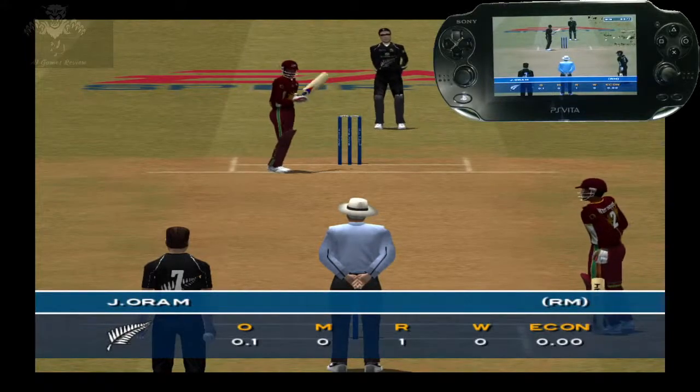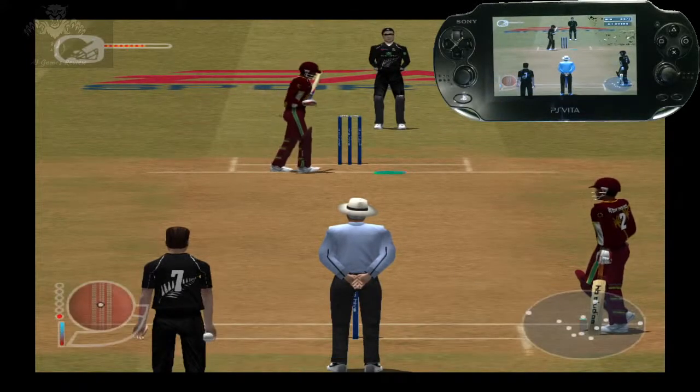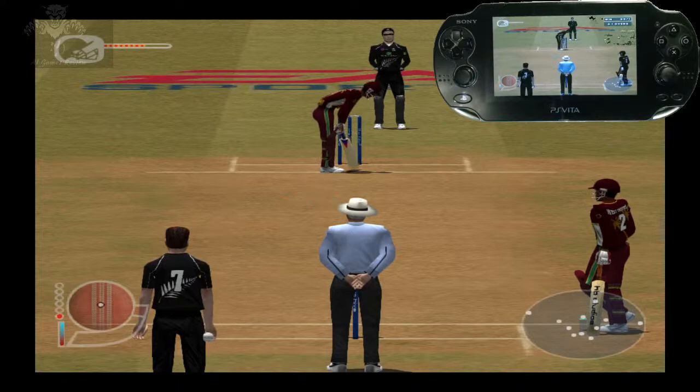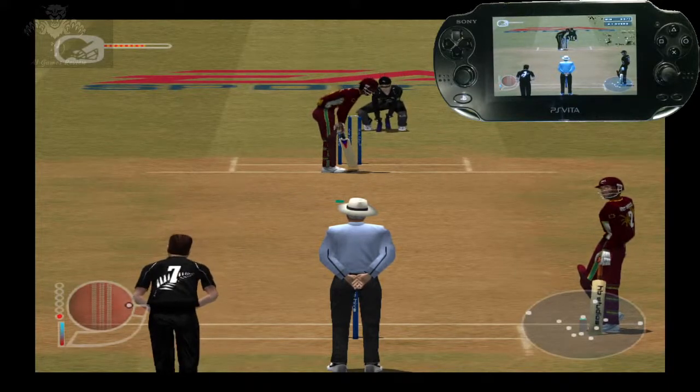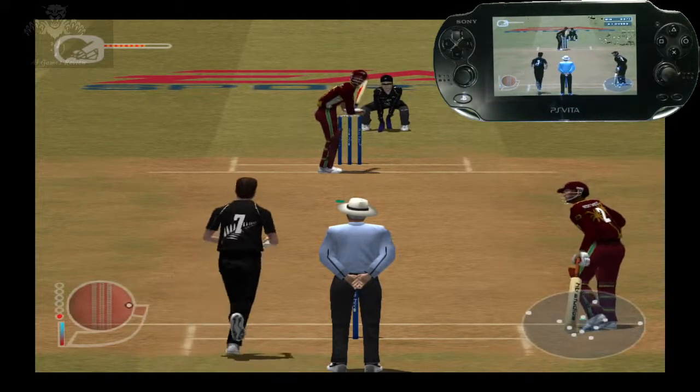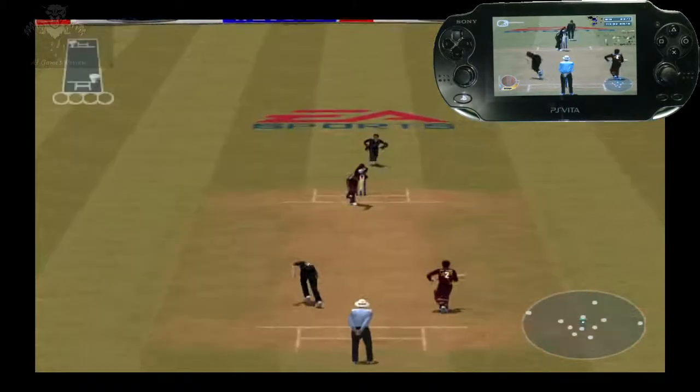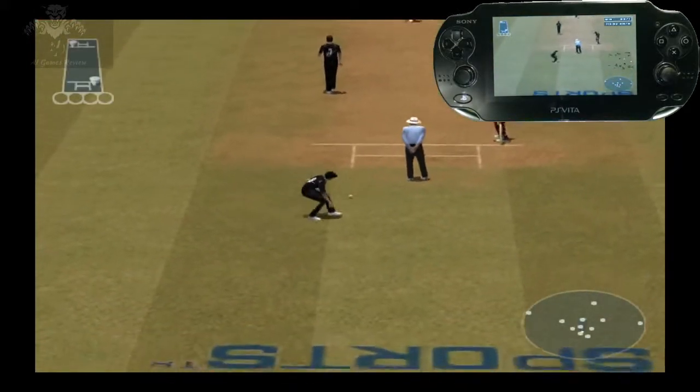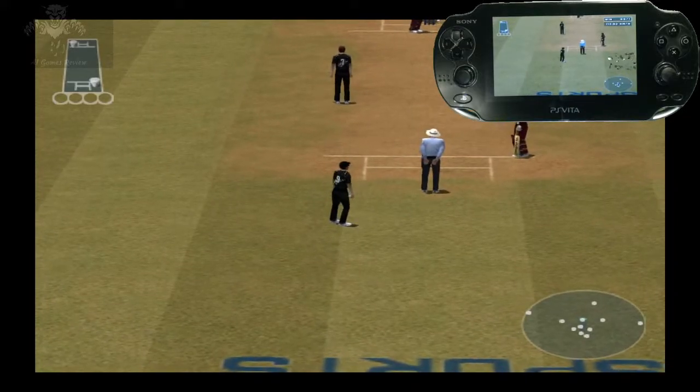Lara waiting at the striker's end. It's straight at Vettori.